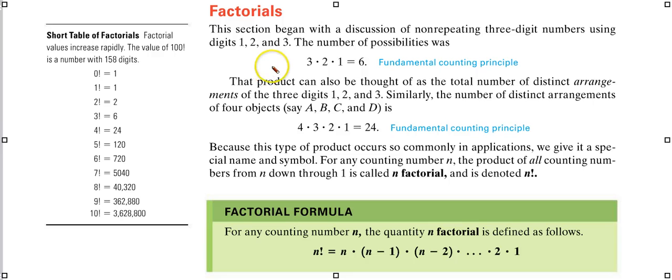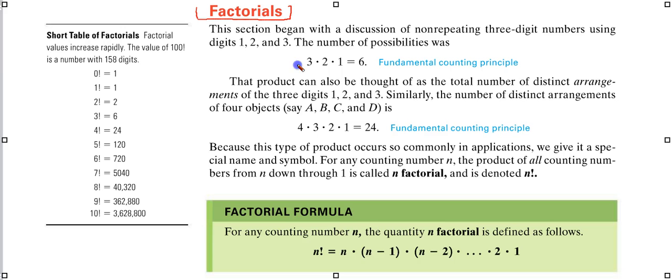We're now moving into a new term in our mathematics, which is called factorials. If we were to look at a sequence of possibilities, let's say the digits, non-repeating 3 digits using the digits 1, 2, and 3.